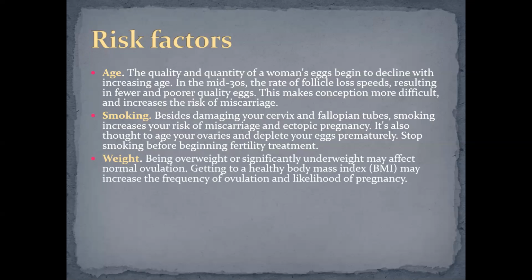Weight. Being overweight or significantly underweight may affect normal ovulation. Getting to a healthy body mass index may increase the frequency of ovulation and likelihood of pregnancy. Both overweight or obesity and low weight, with a body mass index below 18, will be followed by problems with ovulation.